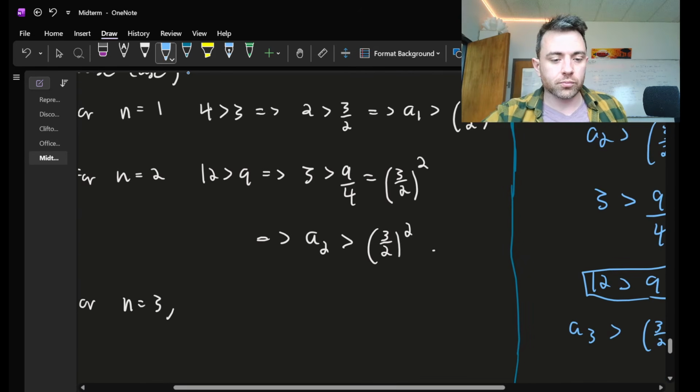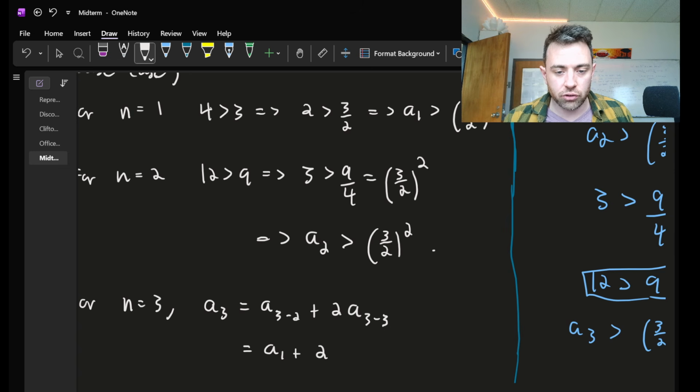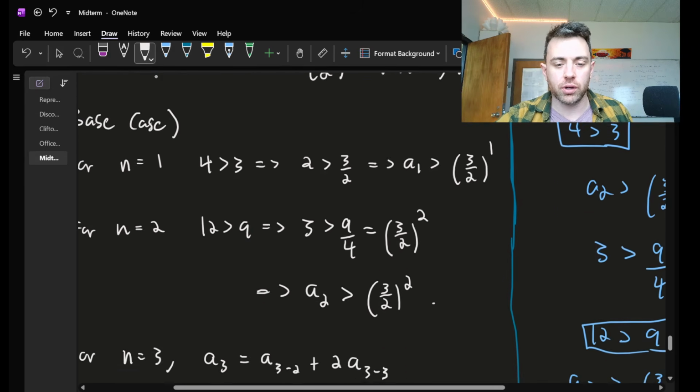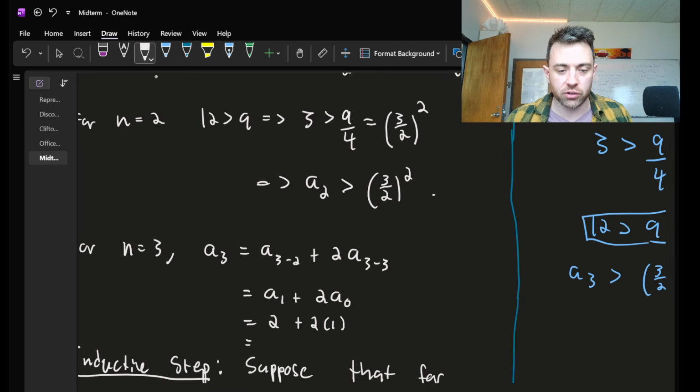So what do we have here? a sub 3 is equal to a sub 3 minus 2 plus 2 times a sub 3 minus 3. So this is a sub 1 plus 2 times a sub 0. a sub 1 is 2. So this is equal to 2 plus 2 times 1. Ooh, I did not leave myself a lot of space. This is going to make for a messy midterm, which is equal to 4.